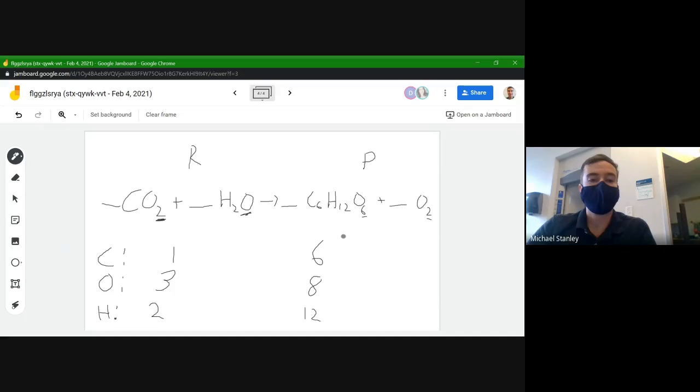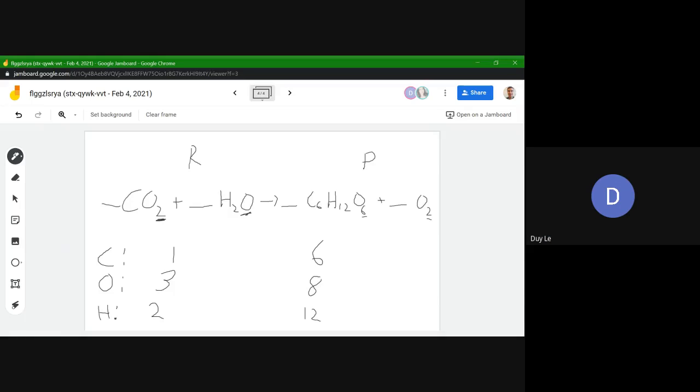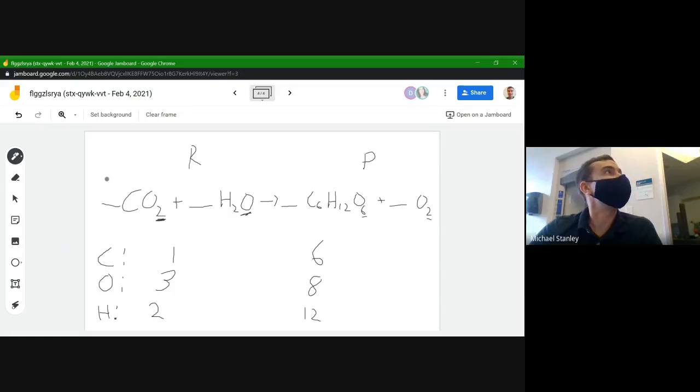So if we have 6 C's over on our product side, what can we do on our reactant side to get the C's to balance? Put a 6 on CO2. So if we put a 3 here, how many C's will we have?